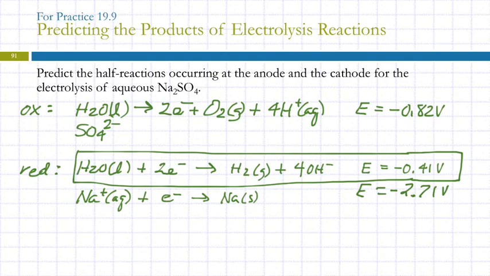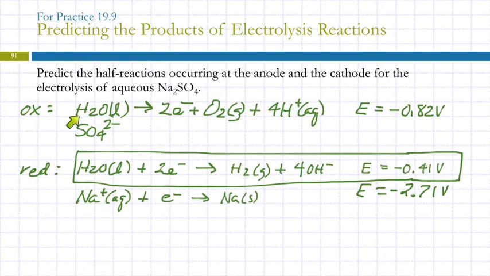So if you had Pb2+, that could get oxidized or it could get reduced. Then you'd have to look at the potentials, yeah, and see which is more likely to occur. All of these are negative, meaning this isn't a spontaneous reaction, but we want to know when we apply voltage to this, what's going to happen.